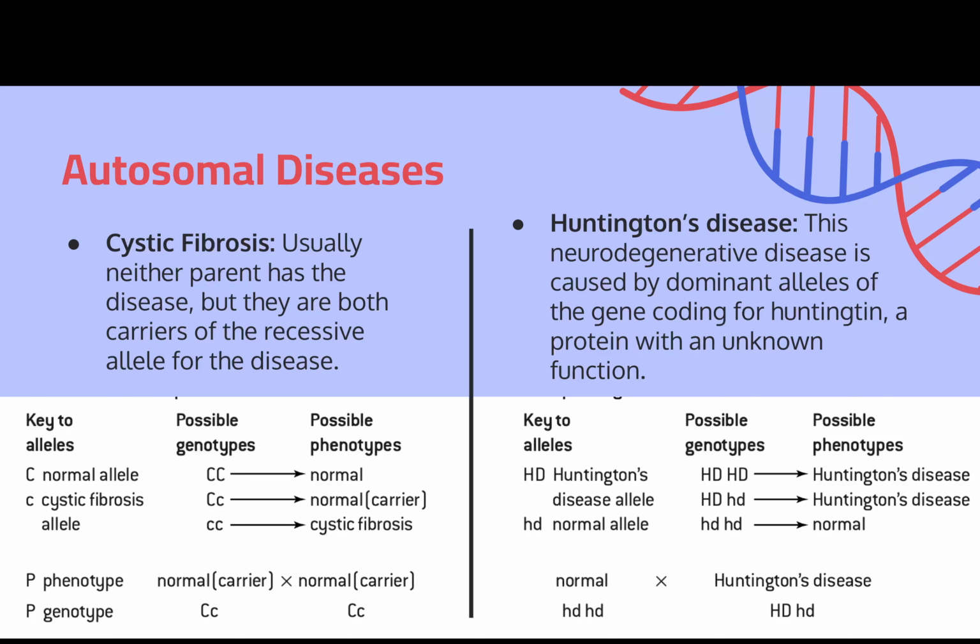Now, in this case, the picture I used a double letter to show how it works, but you can just use a capital H and a small h. So usually, since this is an autosomal dominant disease, the normal is that you will have two normal alleles which are both recessive.